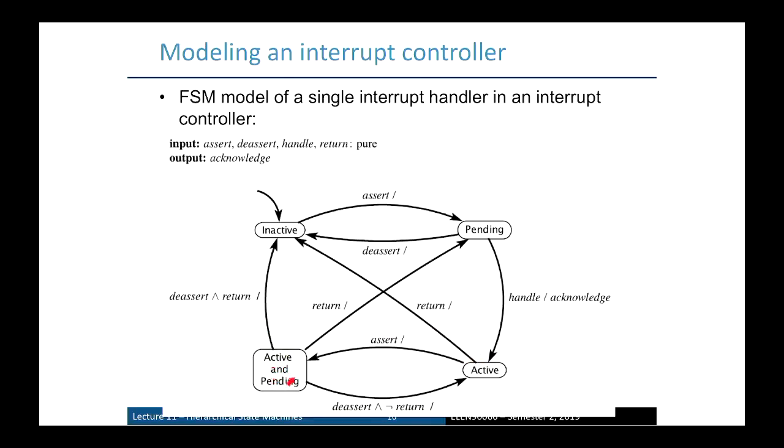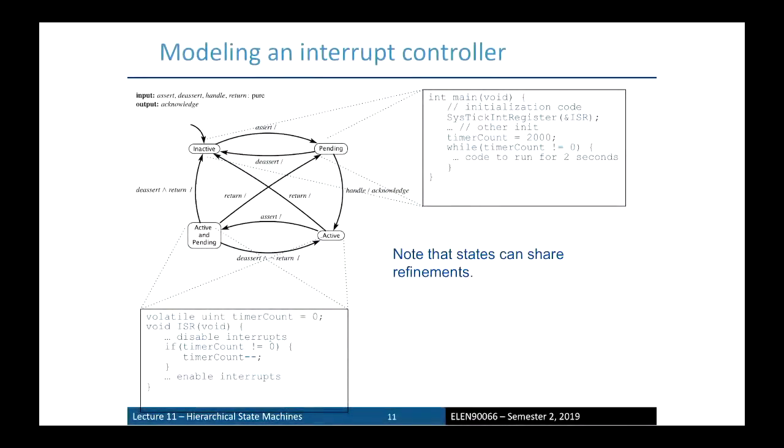And if you start servicing them, you can get rid of the pending part, or you could get out of the one you're currently servicing and go back to pending, etc. There are a lot of transitions that could be possible here. You're active, you finish servicing, you go back to inactive. It models it nicely, but it's going to make our composition quite ugly.